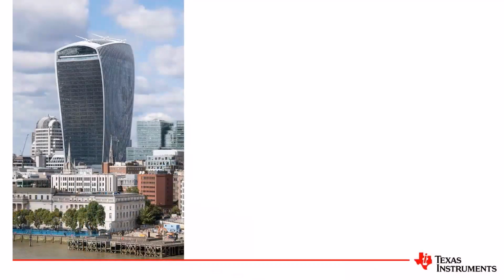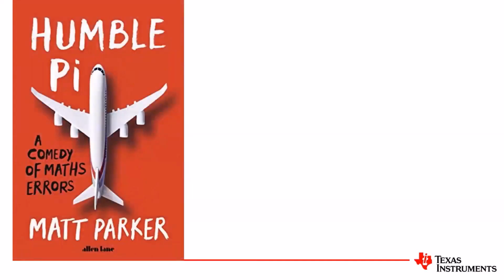A less traditional application of a curved surface is a building located at 20 Fenchurch Street, London. The building, that really weird shaped one, is often referred to as the walkie-talkie building. I first learned about this building through a book that I read, a book titled Humble Pie by a wonderful comedian and mathematician, Matt Parker.